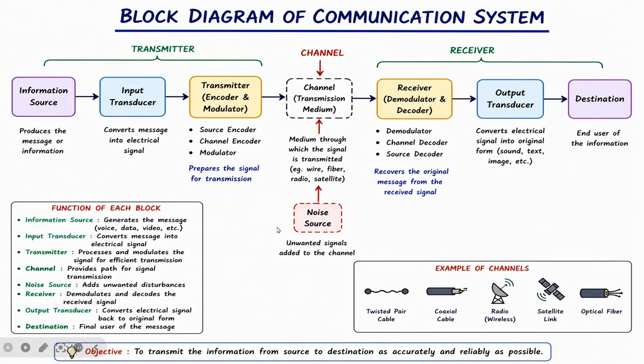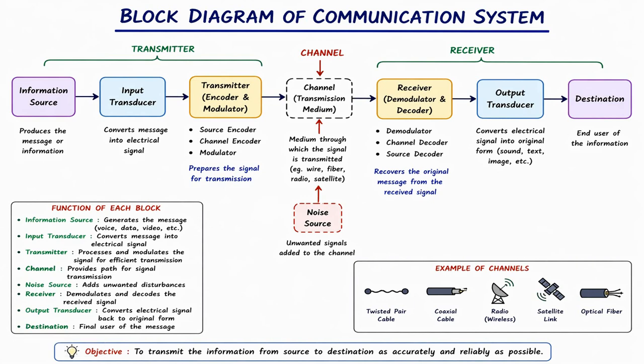Then you have the noise source, which will add unwanted signals to our message. And the receiver will demodulate and decode the received signal. Then comes the output transducer, which will convert the electrical signal back into the original form. And last is the destination, which is the final user of the message.